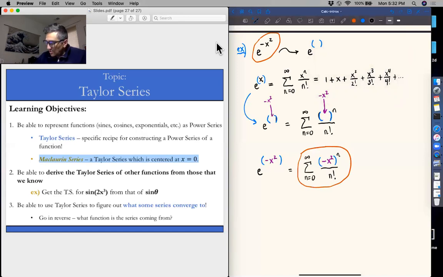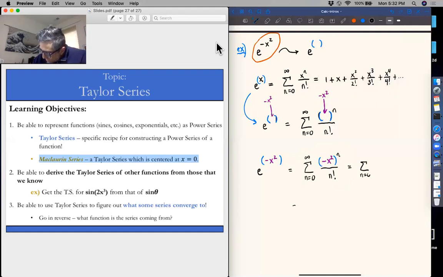And just to practice a little bit of algebra here, let's do a little simplification of this series. So we have all of that product of minus 1 times x squared raised to the power of n. Since they're all raised to the same power, if we wanted to, we could break those apart into individual pieces.